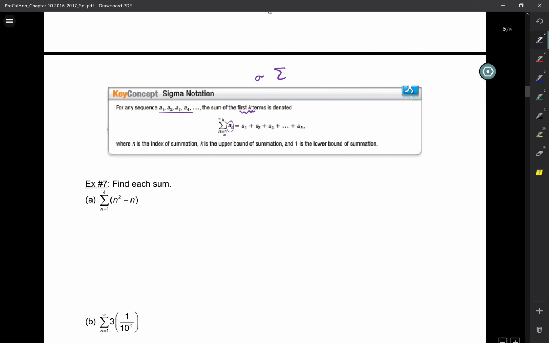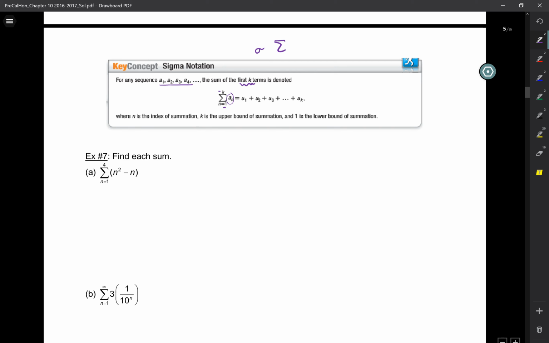Let's take a look at this one, and you'll see an example here. I have a series, and this is the explicit formula to find each of the terms. Usually we write this as AN equals n squared minus n. So this notation is code, telling me this is how you generate your numbers. Now add up all the terms from A1 to A4, okay?